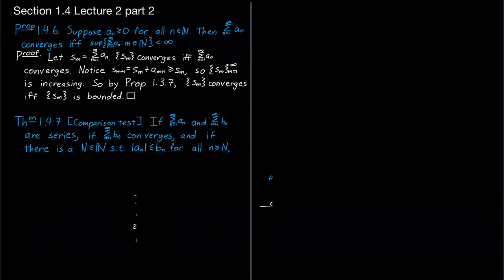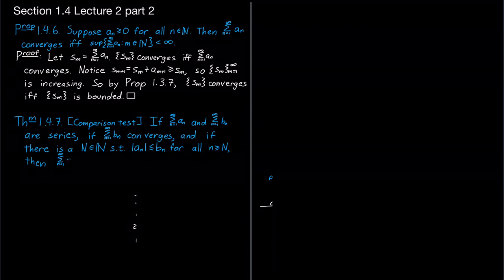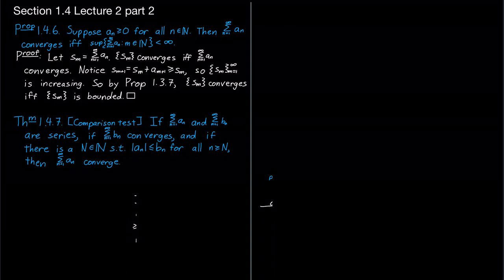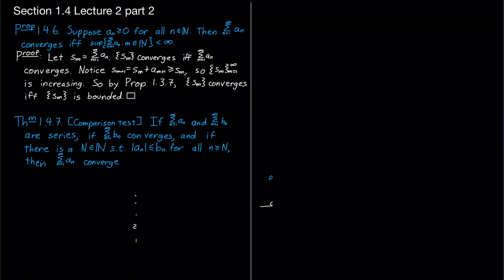And if all that is true, then the a_n converge. And notice that this means that the b_n have to eventually be positive or at least non-negative.